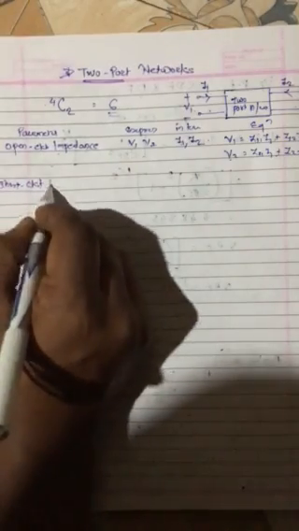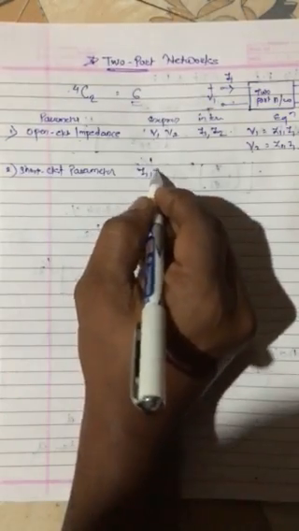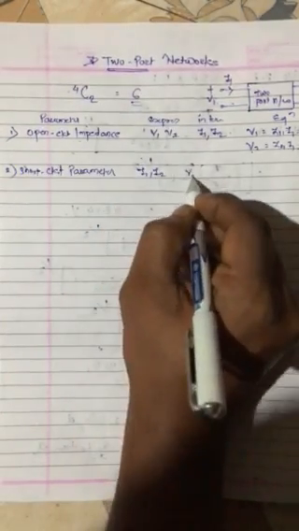Now the next parameter is the short circuit parameter. The short circuit parameter is exactly opposite to the open circuit parameter. Here I1 and I2 are expressed in terms of V1 and V2.